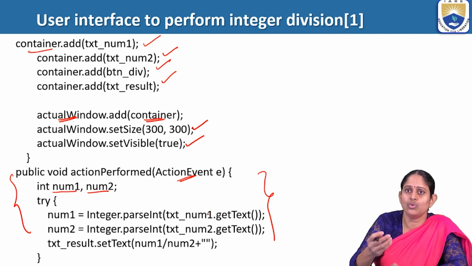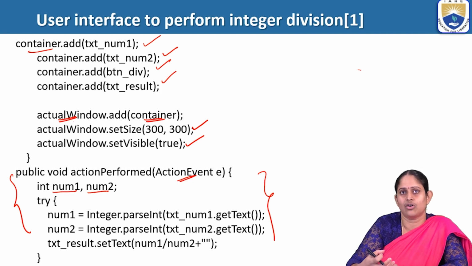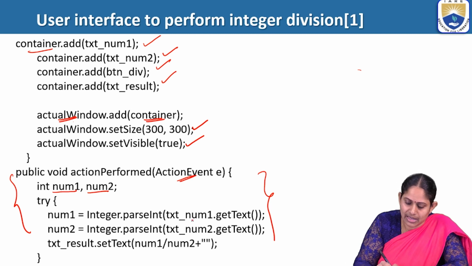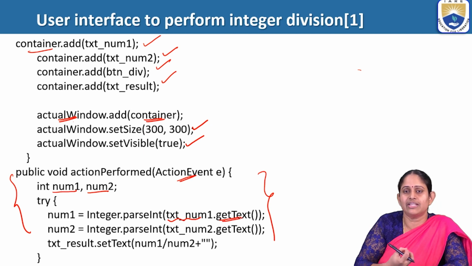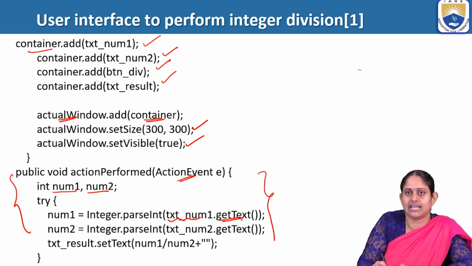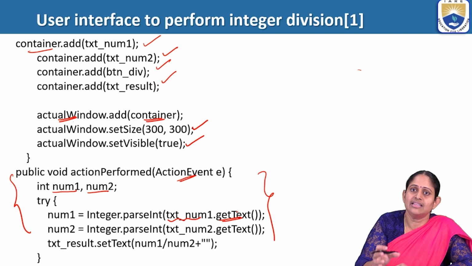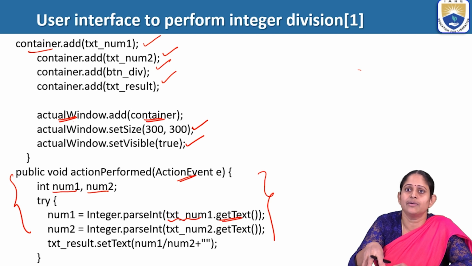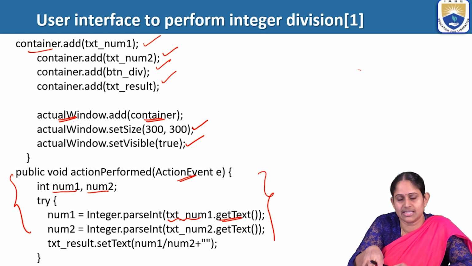So first we have to extract the data which is written onto the text field. Our text field is named textnum1. The getText method will retrieve the data which is stored in the text field. So textnum1.getText will take the value written onto the first text field.